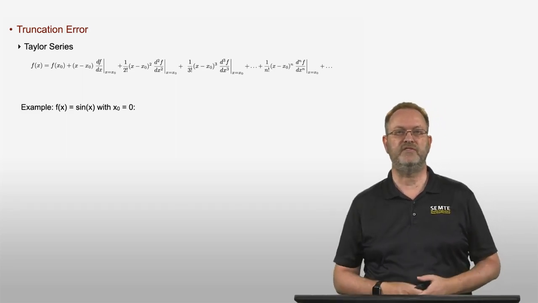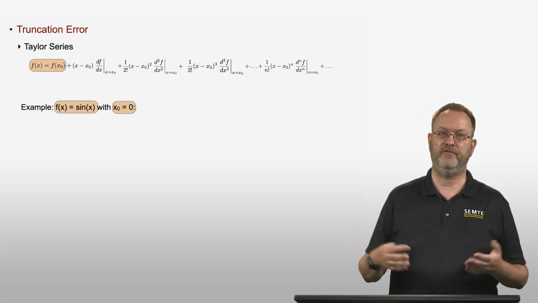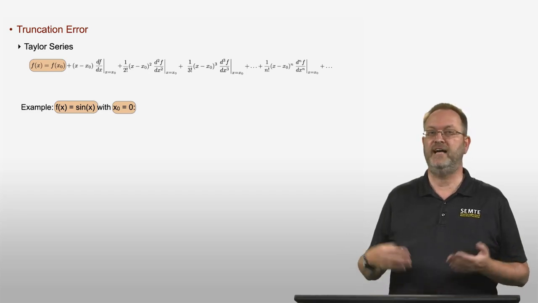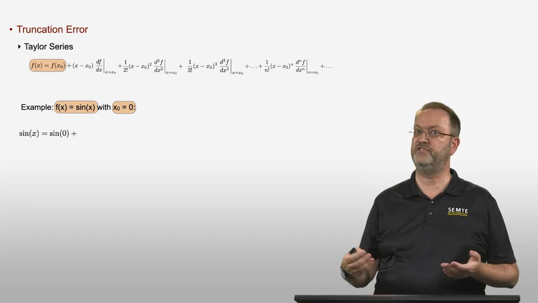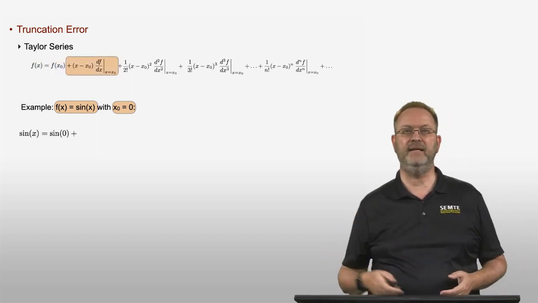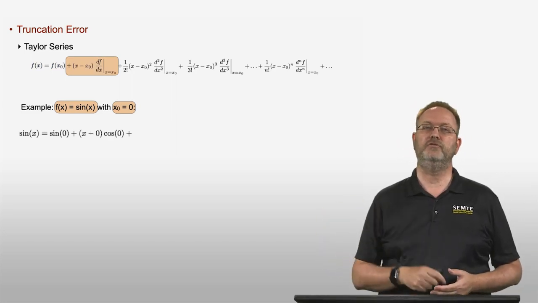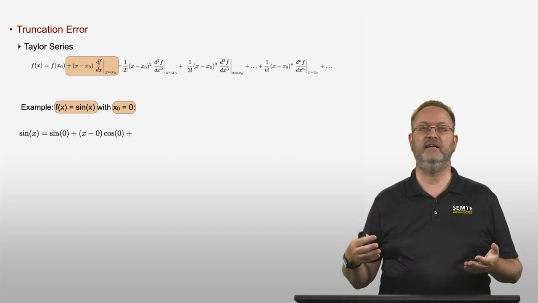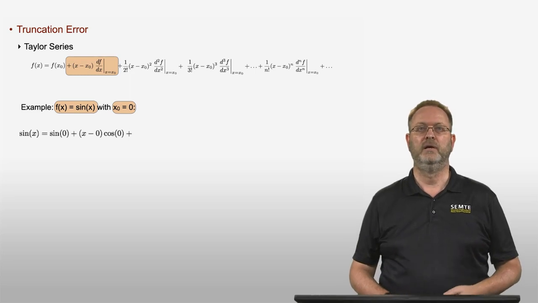So let's write the Taylor series. We have f of x is equal to f of x naught. F of x is the sine of x, and x naught is 0. So we have the sine of x expanded as the sine of x naught, the sine of 0, plus x minus 0 times the first derivative of the sine, which is the cosine, evaluated at x naught, so times the cosine of 0.